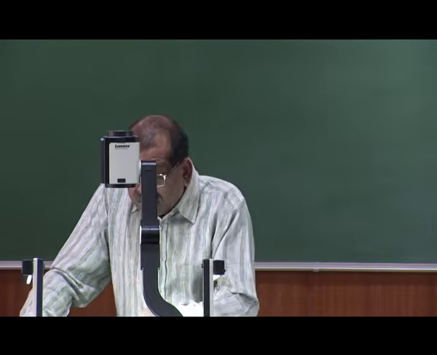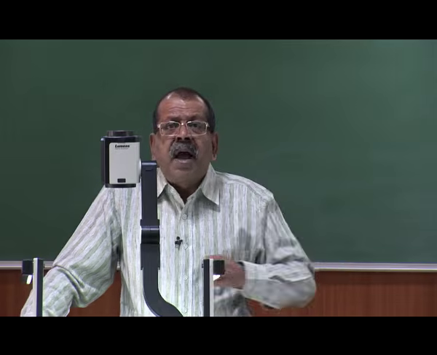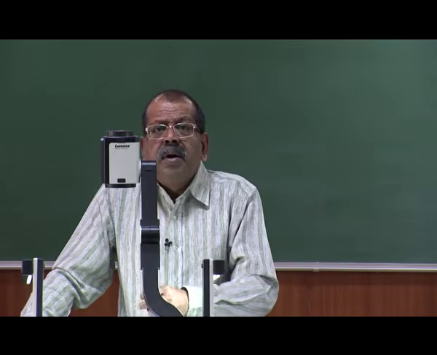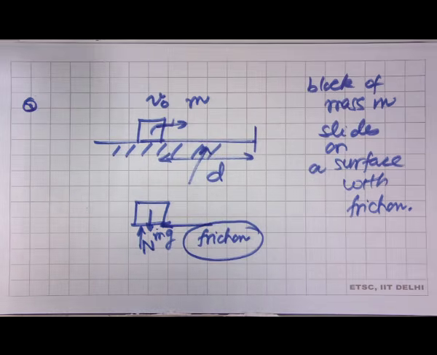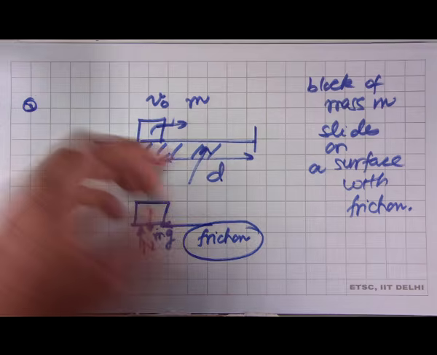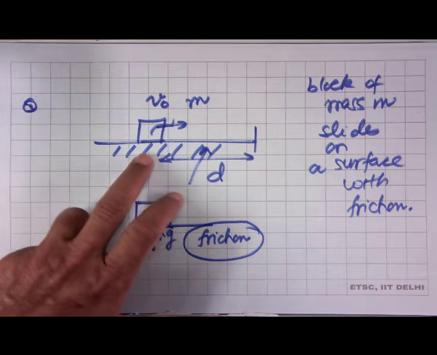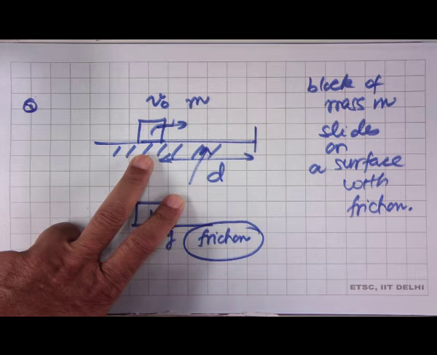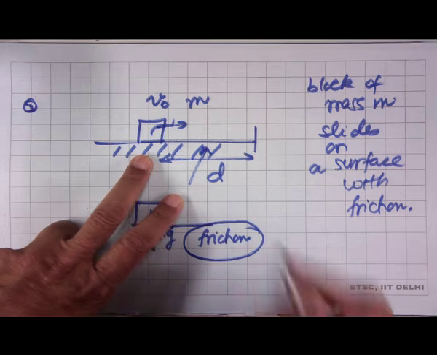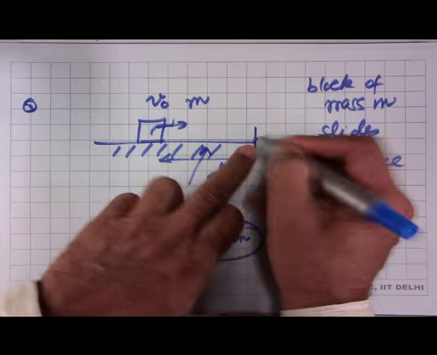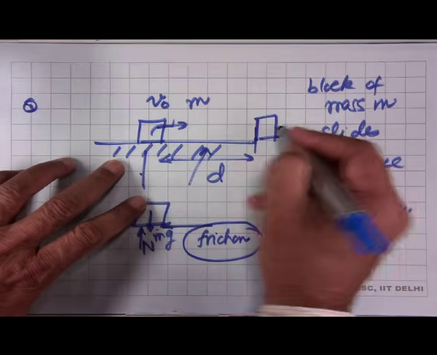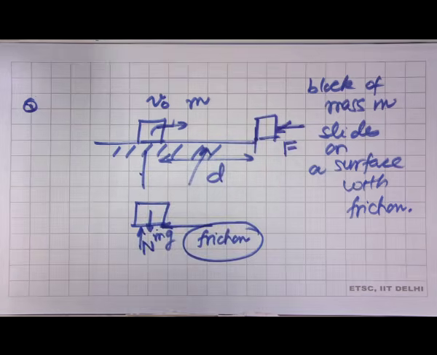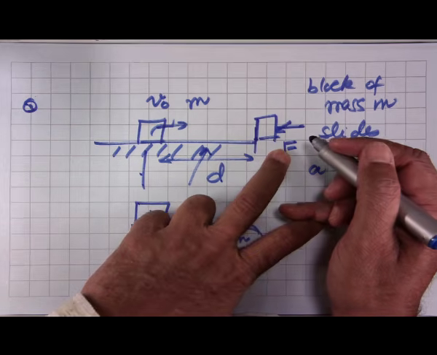So, the kinetic energy has become 0 because of the work done by friction. But now, if we want to bring the block back to its original state, if the block is stopped here and I want to bring it back to its initial state, I have to put some other force, and this force has to be applied again.